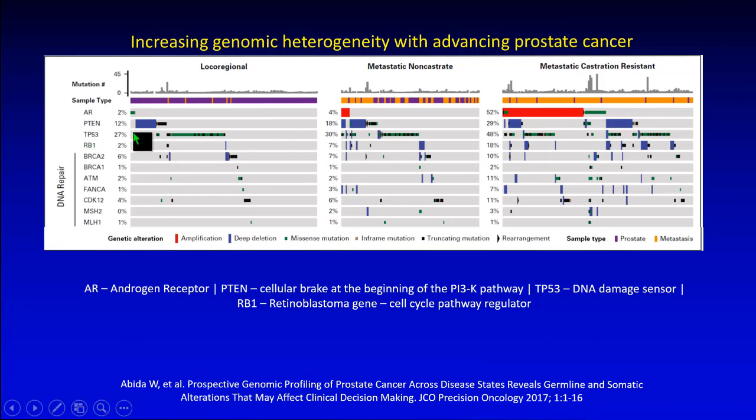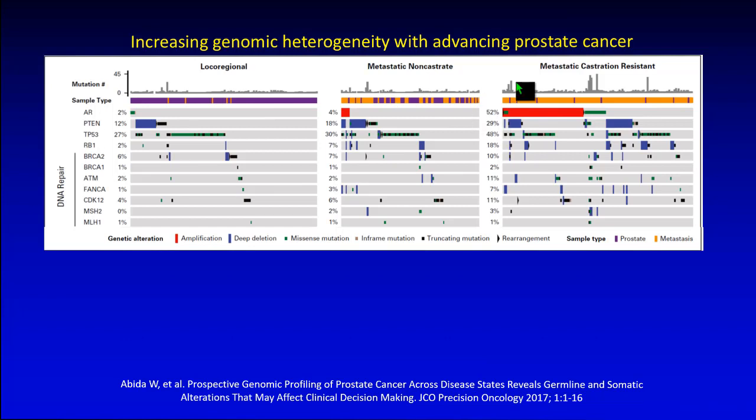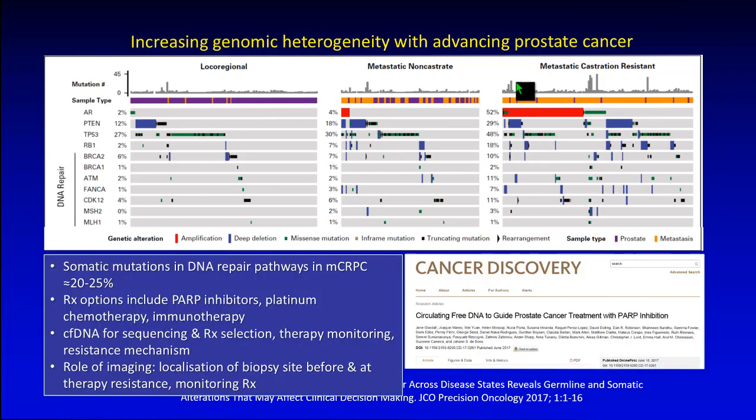So we looked at the PTEN cellular brake, 12% goes to 29%. So this is accumulating mutations on the patient journey. And one of those is the DNA repair defects. And you can see the DNA repair defects at the start turns out to be about 4 or 5%.